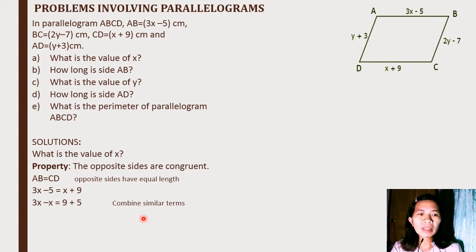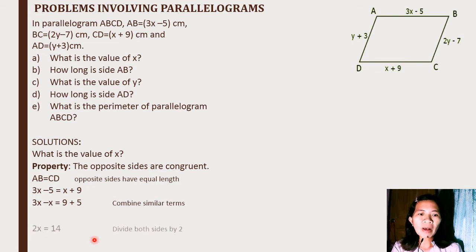So 3x and x, we will get the additive inverse of x, so it will become minus x. Then we get the additive inverse of minus 5, it will be plus 5. So this will become 0, and also x will become 0.